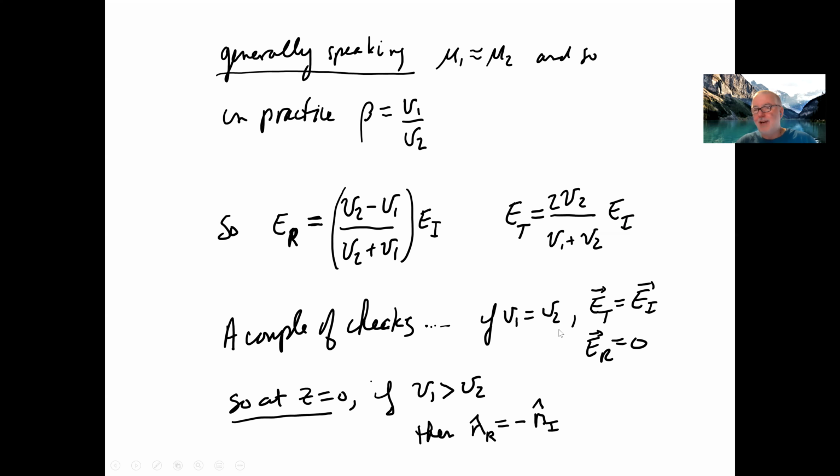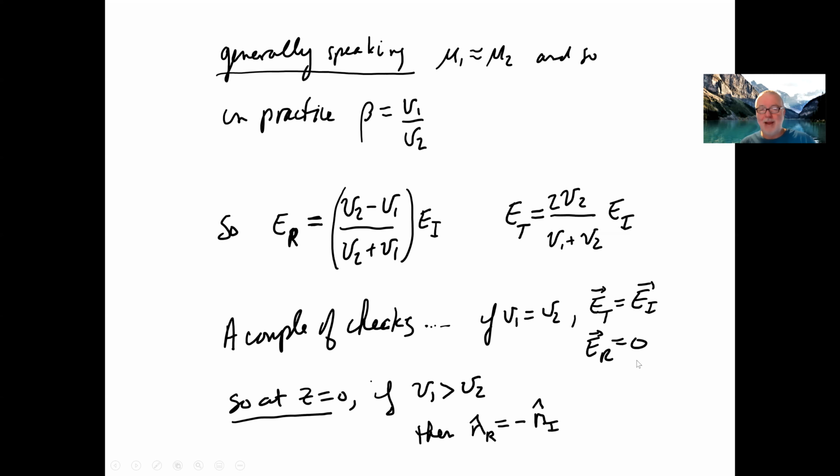If v1 equals v2, that's the same as saying material 1 is the same as material 2, and so there is no boundary to speak of. Then E transmitted is equal to E incident because nothing happened at the boundary, and E reflected is equal to 0.